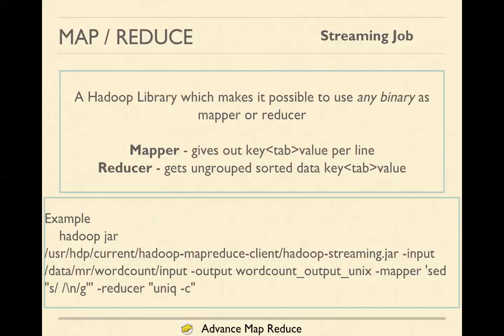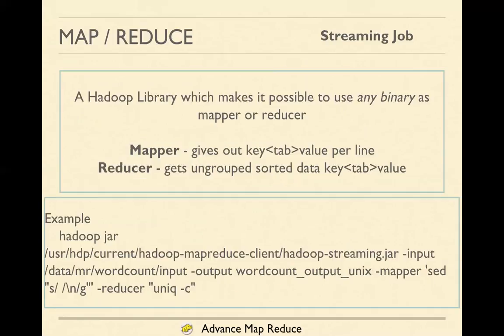Similarly, your program should spit out the key-value pairs on standard output, and the key and the value should be tab separated. The reducer does not get the data grouped. Instead, it gets the data on standard input, sorted, not grouped. The input that goes to the reducer is sorted, not grouped.